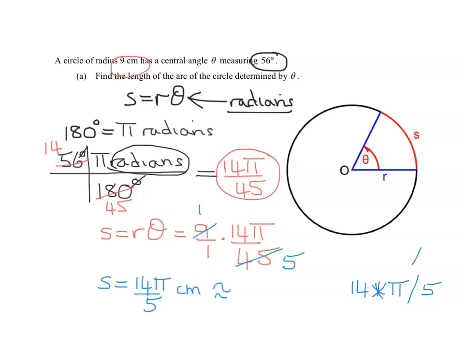And make sure you use the accurate pi that's on your calculator. When I did that, I got 8.79645... Since I want to round it to 3 decimal places, this 4 here is not going to round the 6 up. It's going to stay the same. So it's 8.796 centimeters.